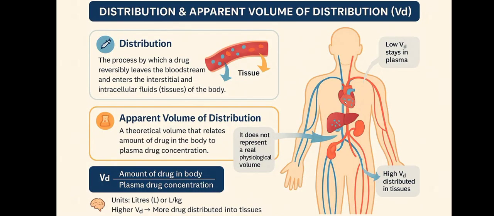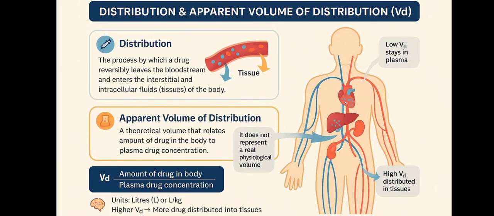The apparent volume of distribution, VD, is a theoretical concept that describes how extensively a drug is distributed in the body relative to the plasma concentration. It is called apparent because the value obtained does not represent a real physical volume in the body but rather a theoretical one.